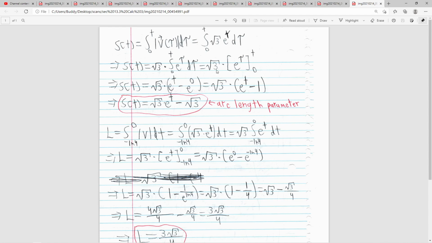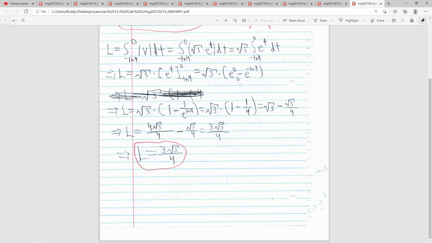The point is that you evaluate that between t and 0, so you have square root of 3 times e to the t minus e to the 0. So it's square root of 3 times e to the t minus 1, because e to the 0 is 1. Anything to the 0 power is 1. And that means distributing, it's square root of 3 times e to the t minus square root of 3. That is what our arc length parameter is.